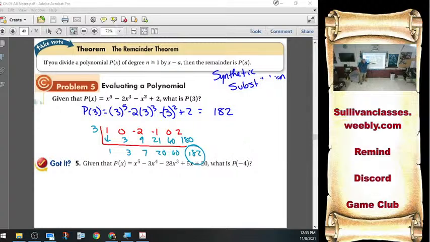No, your remainder at the end is the same as if you had plugged it in. See, if I plug a 3 in here for x, I get 182. When I'm getting a 0 at the end, I'm plugging this number in and dividing by it. I'm evaluating for its 0.